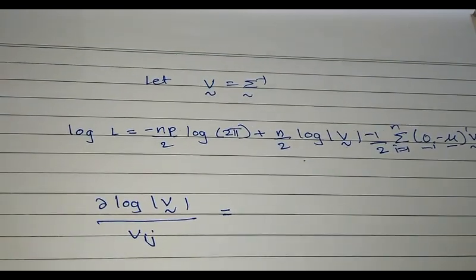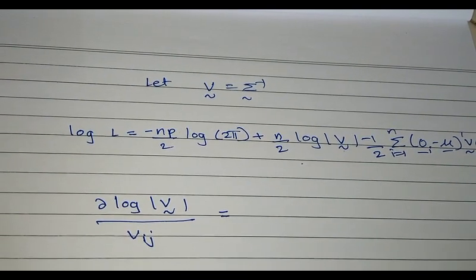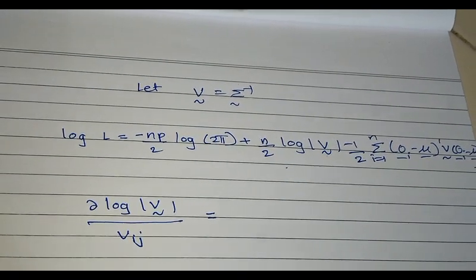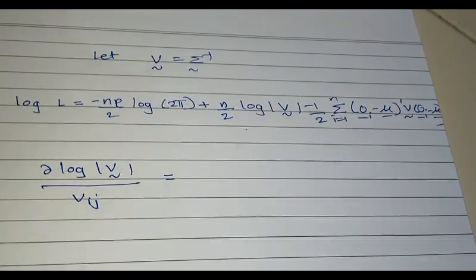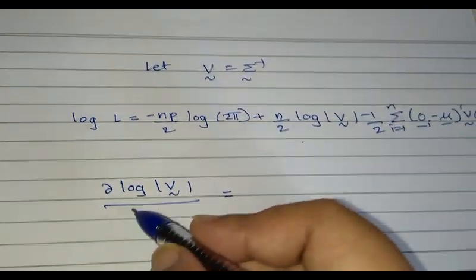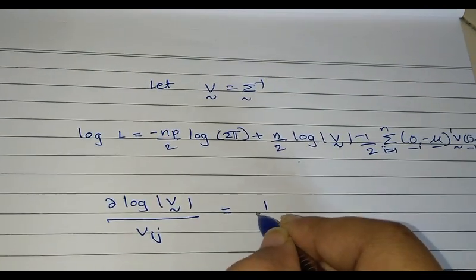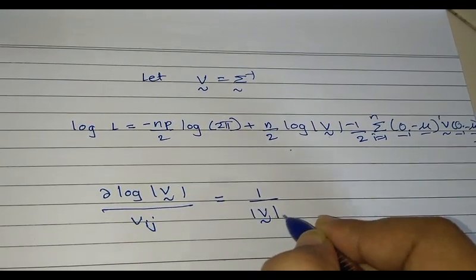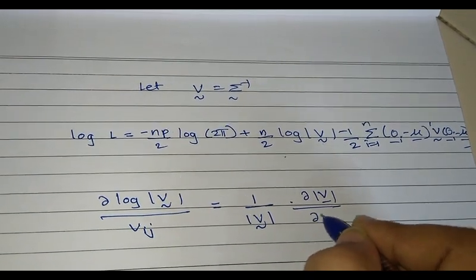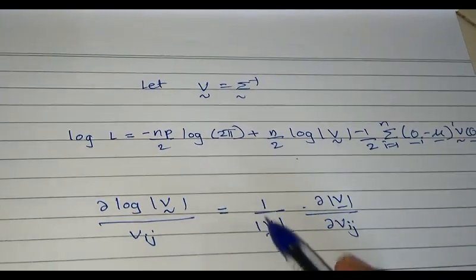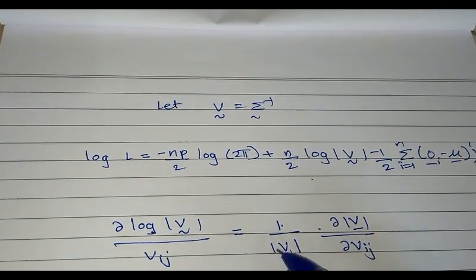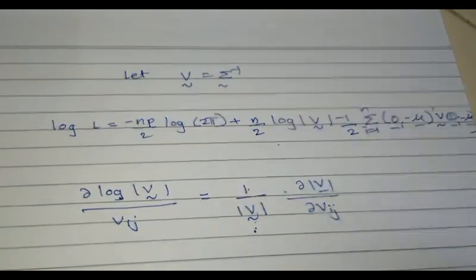We know that the determinant of any matrix can actually be written in terms of the ith row or jth column. Okay, so first of all, the derivative of log of something is going to be 1 upon that thing into the derivative of that thing, by chain rule. So because I am differentiating log, I would have 1 by that and then the derivative of that with respect to V_ij.